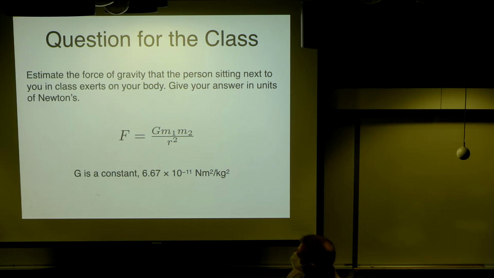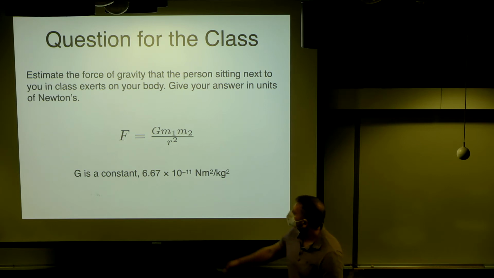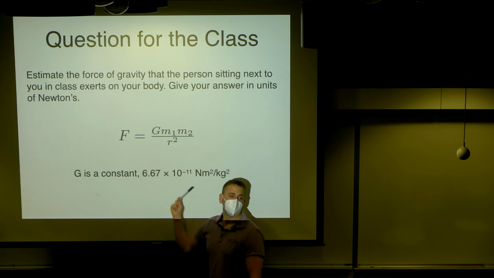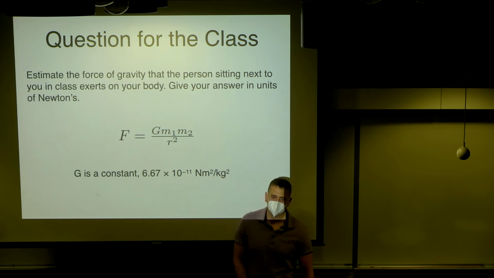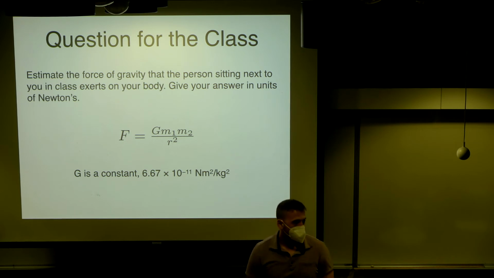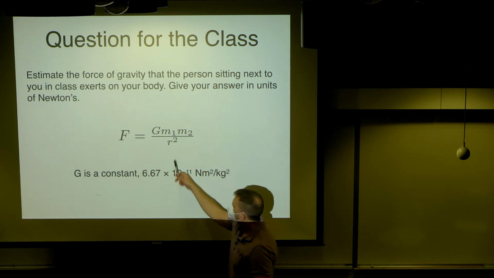So to illustrate that point, I want you to estimate the gravitational force between you and the person next to you. What do we need to know? We need to know G. Well, that's the value. I'll just tell you what it is. Then you need to know the two masses in kilograms, right? And then what does R represent again?